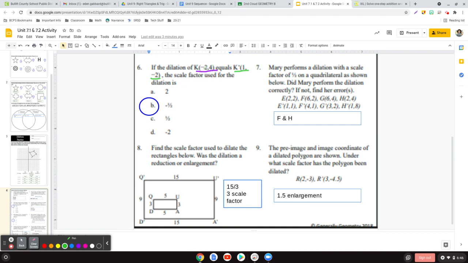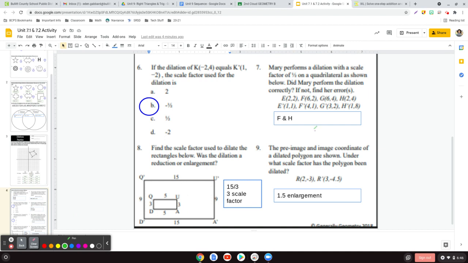How do we get from 4 to negative 2? Well, if we have a negative and we're getting to a positive, we have to multiply by a negative. If we have a positive and we're getting to a negative, we have to multiply by a negative. So this is going to be a negative. And what is 1 from 2? Well, it's half. What is 2 from 4? It's half. So this is where we get our negative 1/2.